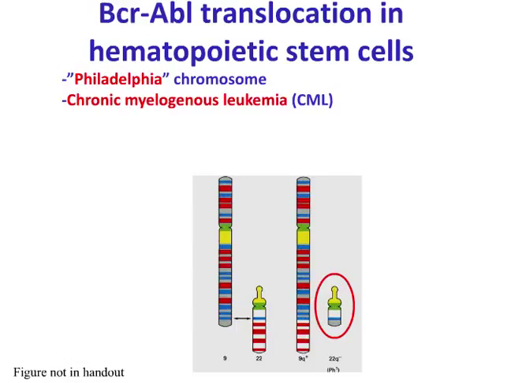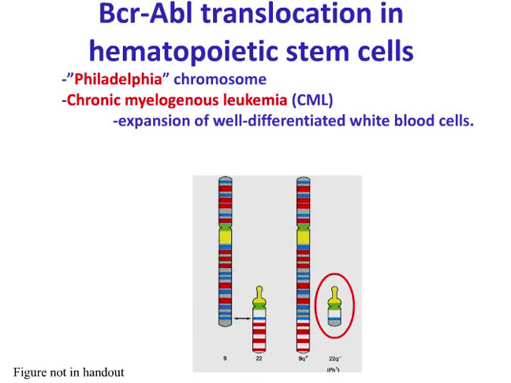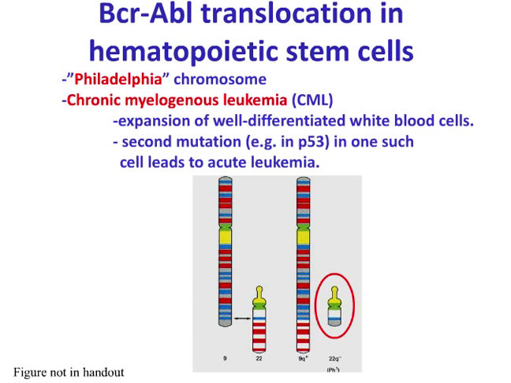This creates a fusion protein BCR-ABL that has constitutive tyrosine kinase activity, which drives excessive proliferation of a clone of stem cells. These stem cells then differentiate into adult, well-differentiated white blood cells. A subsequent mutation, for example in the p53 gene, results in an acute leukemia that was normally fatal within 5 years.